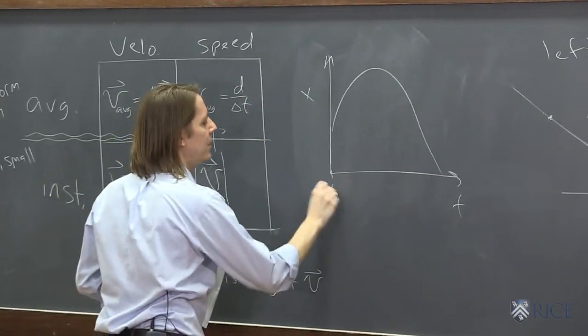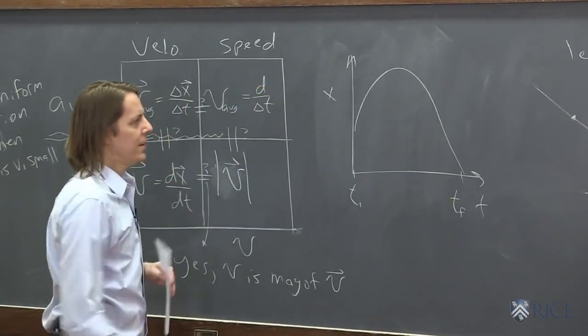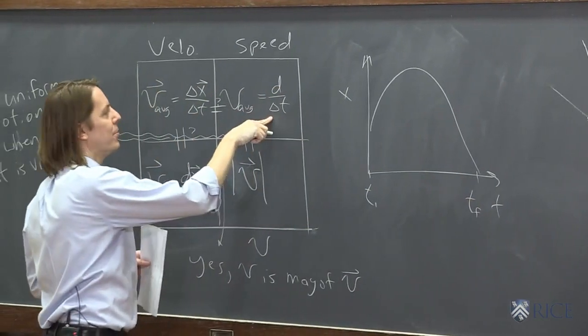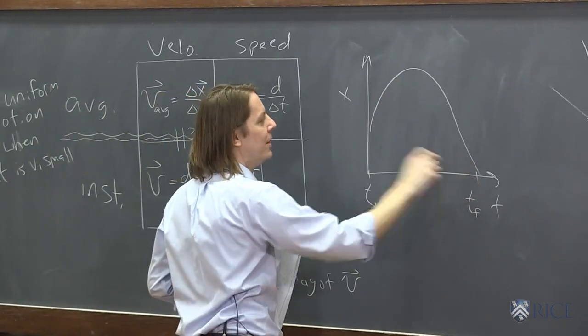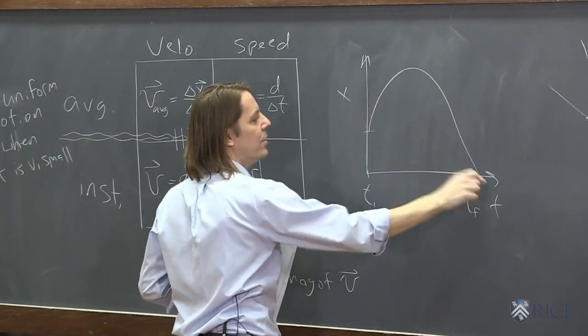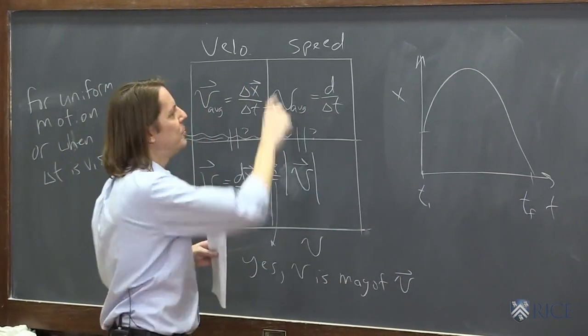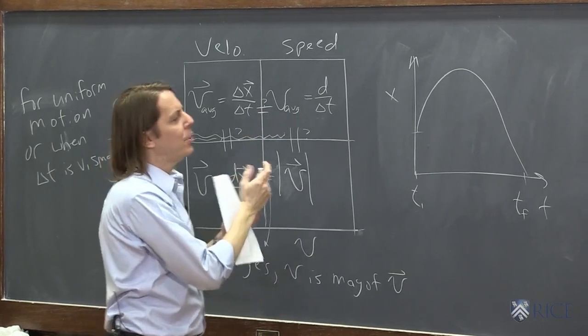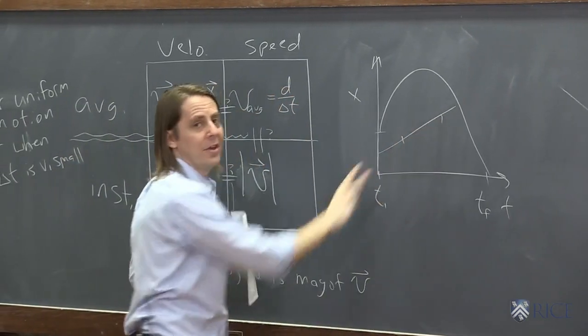Where you have t initial and t final. The speed was bigger than the average velocity because the speed considered the whole trip. The average velocity just considered the short negative path displacement from here to here. So the speed was bigger. But the speed won't always be bigger. If you have a uniform motion and you look between here and here, they'll be the same.